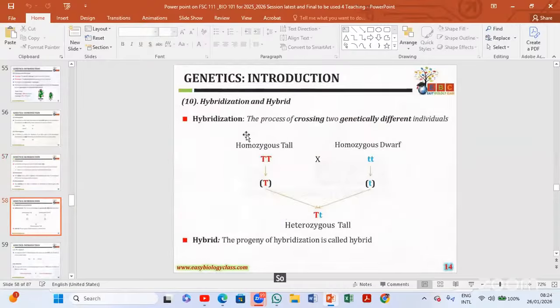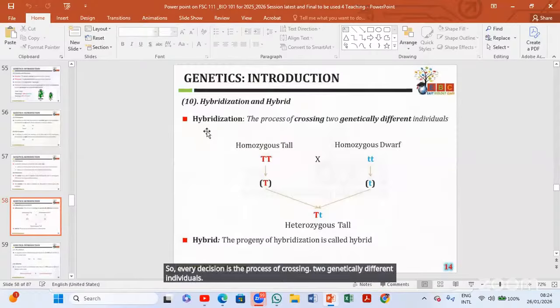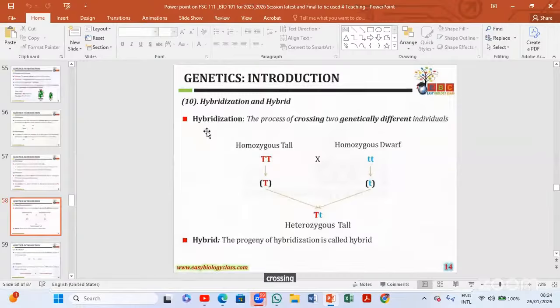So we equally go on to hybridization and hybrid. Hybridization is the process of crossing two genetically different individuals. As you have it, we have the homozygous tall, that's capital TT, versus homozygous dwarf, which is small tt. When you cross the two, then there will be production of gametes.